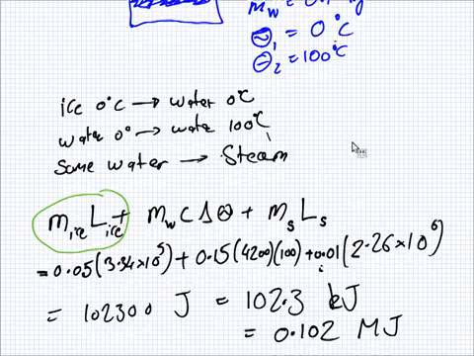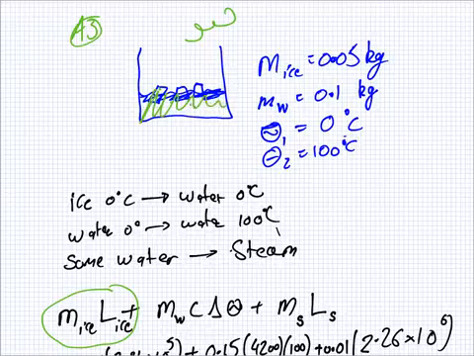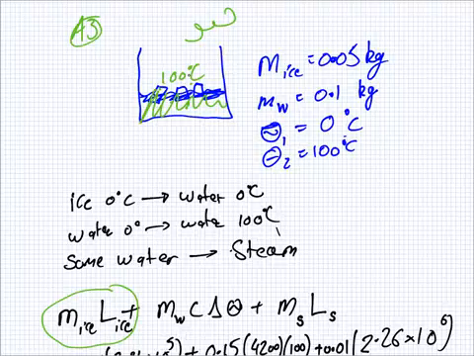Before I can make the steam, first, the ice has to melt to become water. And then the water has to become 100. And only then can I get the steam. And then only 0.01 of this becomes steam. And then you can imagine that the kettle is turned off.